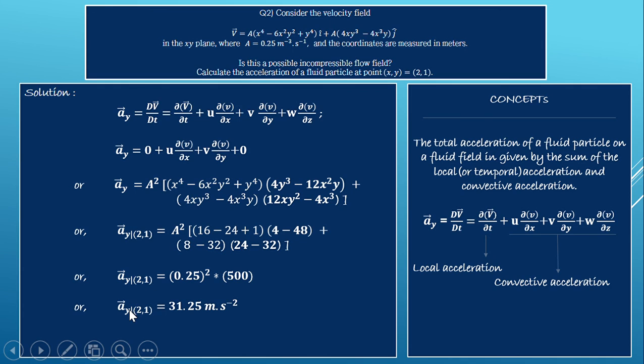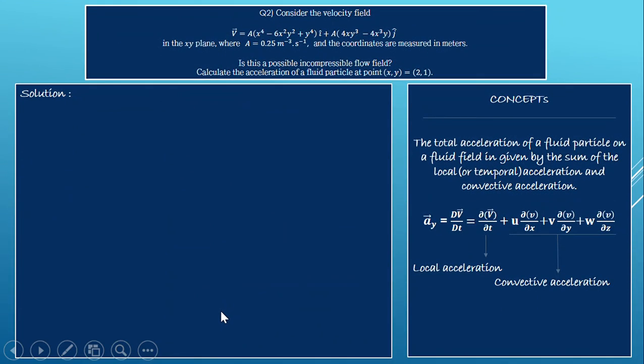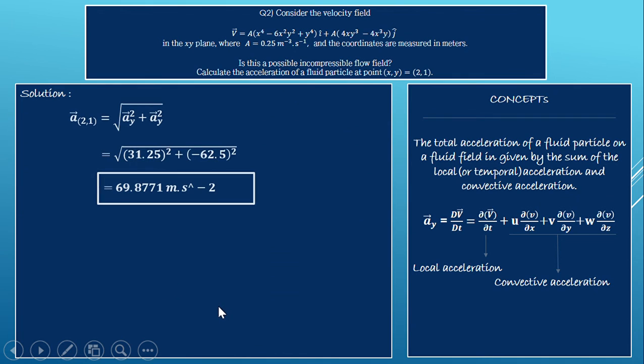And similarly, we get a y vector at point 2 comma 1 is equal to 31.25 meter per second square. After solving both the equations, we get the acceleration at point 2, 1 as 69.8771 meter per second square.